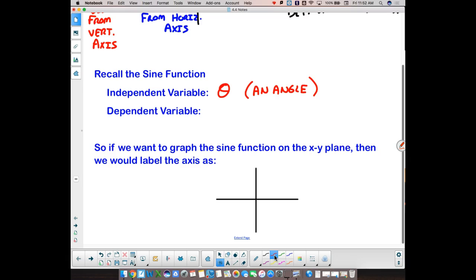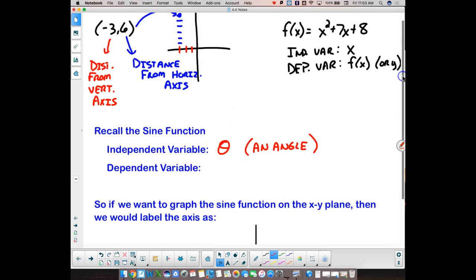Let me go back up because we nailed this one. Plugged in X into my function, so that's independent. Got out f of X. That's my dependent. Sine function. Plug in theta. Get out. Well, what's my function? What do I get out?